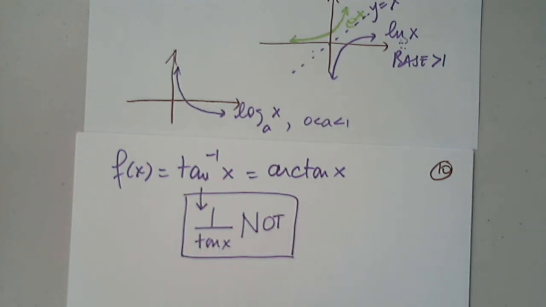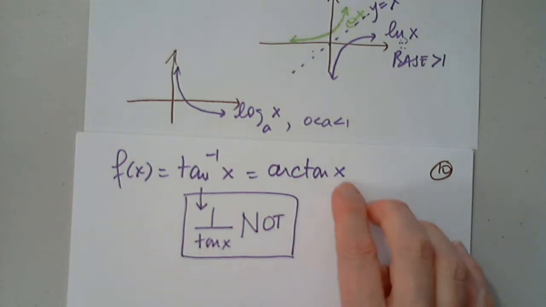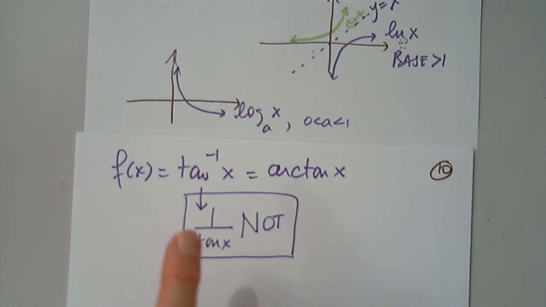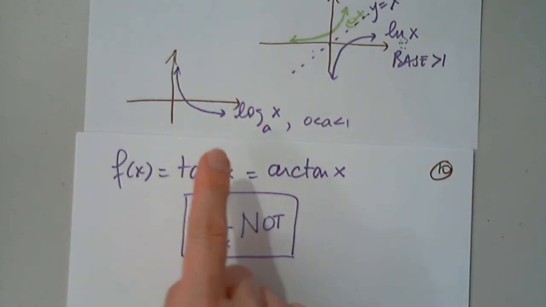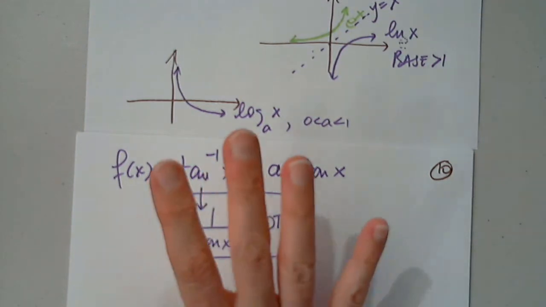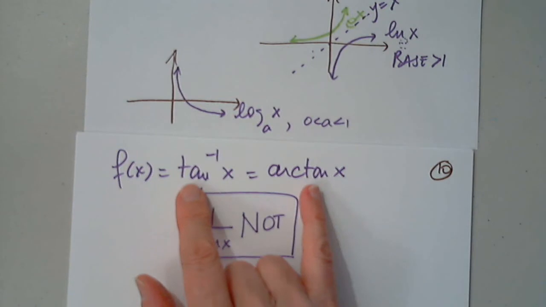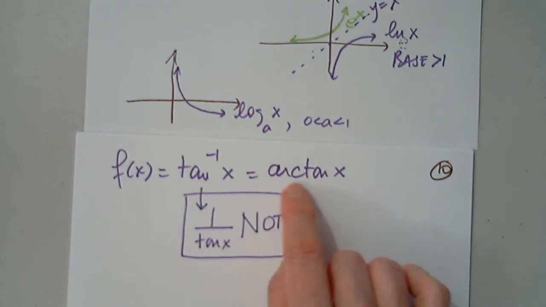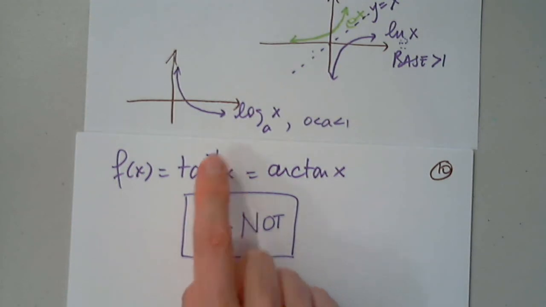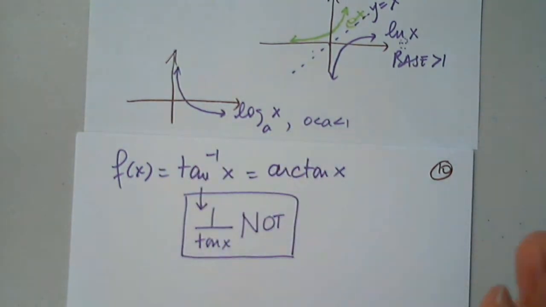Arctangent is the inverse function of tangent. It has nothing to do with tangent to the -1. That's the notation for the inverse function. So it could be confusing, but just remember they mean the same thing. Especially when I type, it's easier for me to write this than put the power. So I try to avoid this notation, but they mean the same thing. But it's not 1 over tangent x.